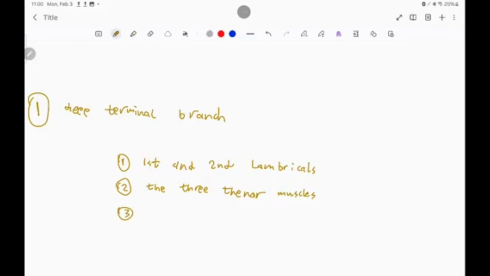Number three, palmaris brevis. No. Let me just write them and I'll discuss them.